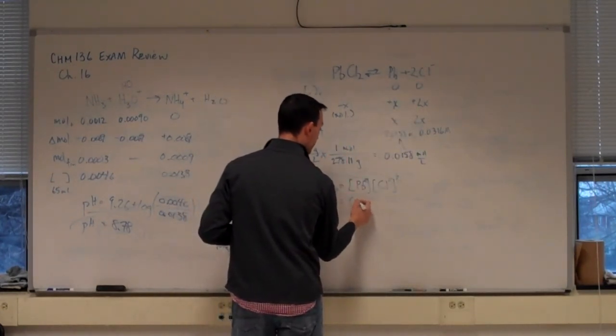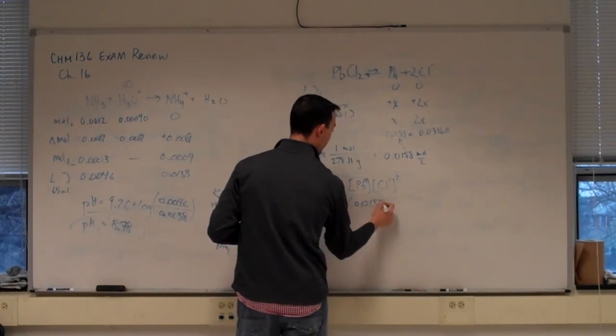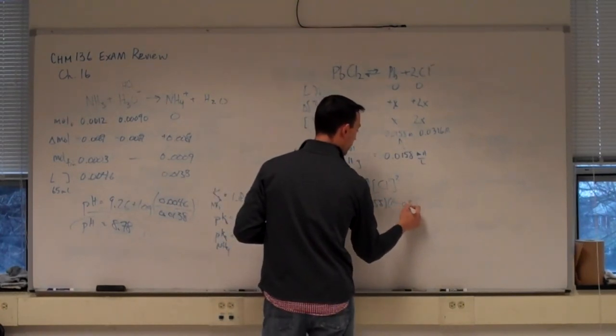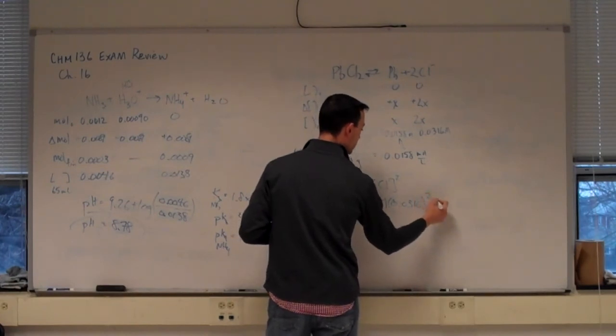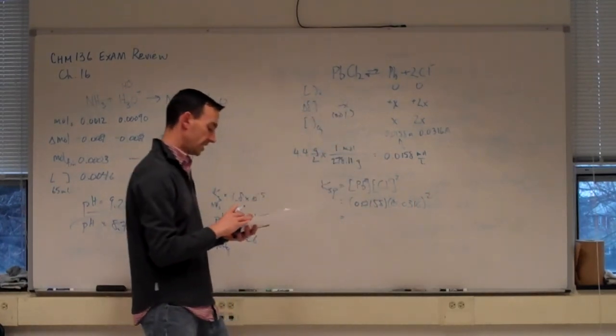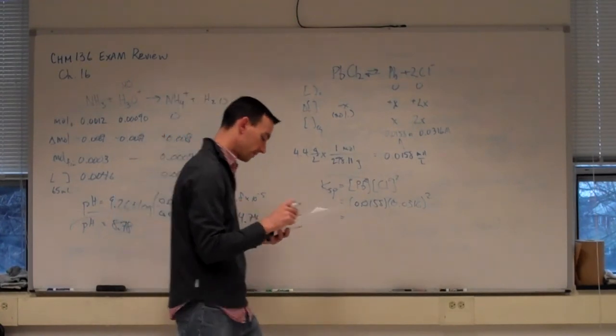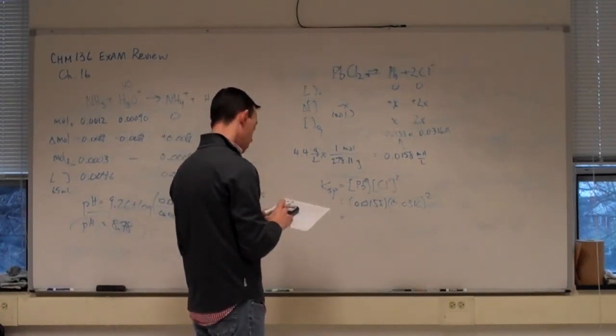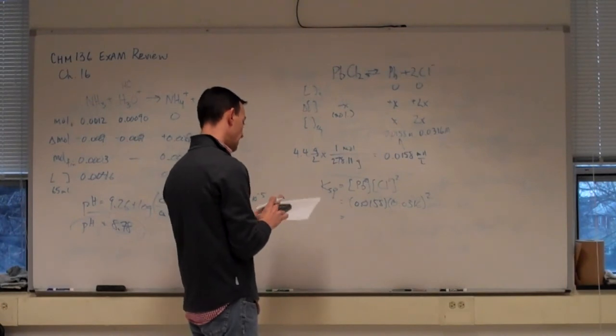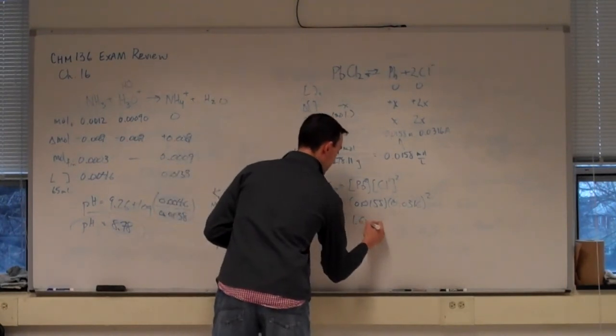So we just need to plug these values in now. 0.0158 times 0.0316 squared. And the Ksp is 1.6 times 10 to the negative 5.